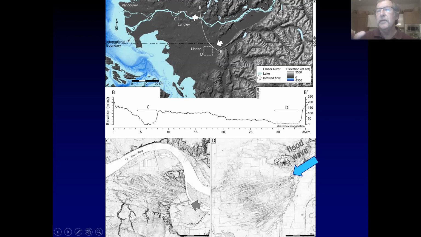And so these features, interestingly, are also developed in glacial marine sediments. They're developed in the same unit, the Bellingham Drift glacial marine sediments, that our glacial marine sediments are. So there are remarkable similarities in form, and I would think that both are a product of this megaflood.